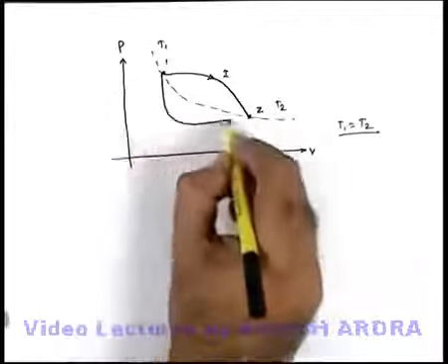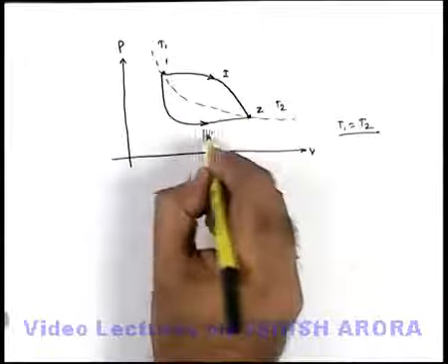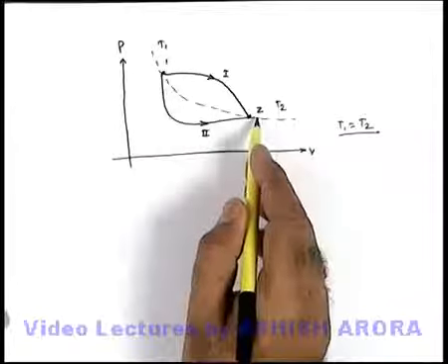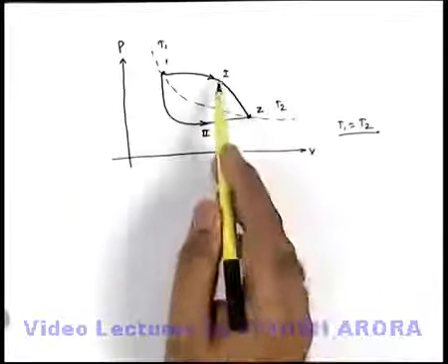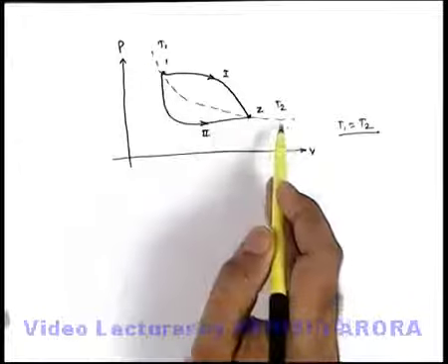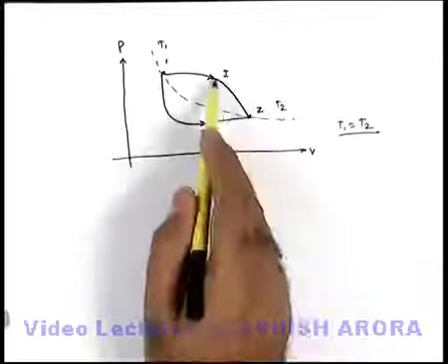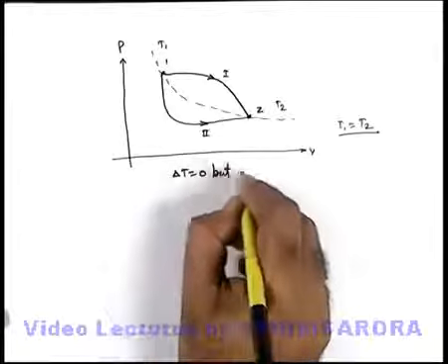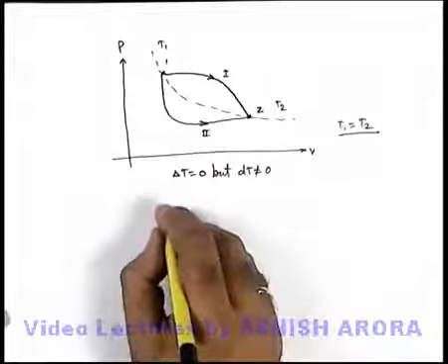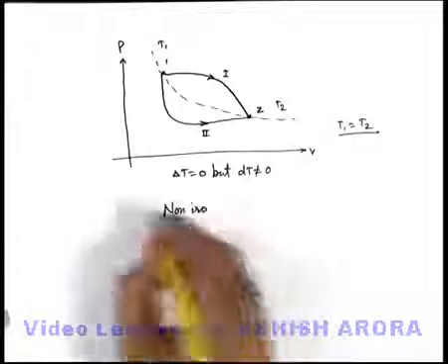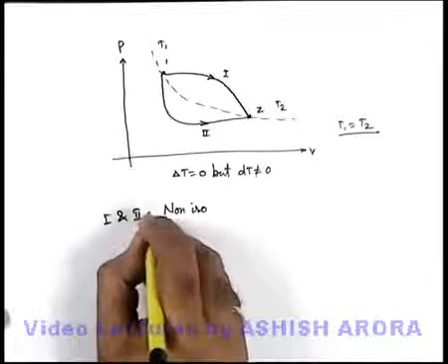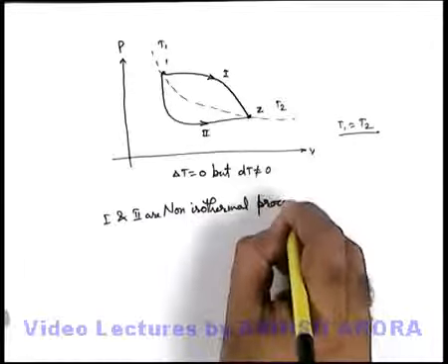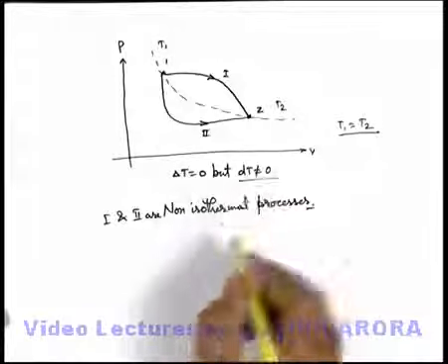If we talk about another curve, say it is path 2, then in path 2 we can state first temperature decreases then increases. So there are so many interpretations we can make if we are aware about the isothermal family of curves, and in either of these 1 and 2 we can write delta T is 0 but dT is non-zero. So 1 and 2 are non-isothermal processes, as here dT is non-zero.